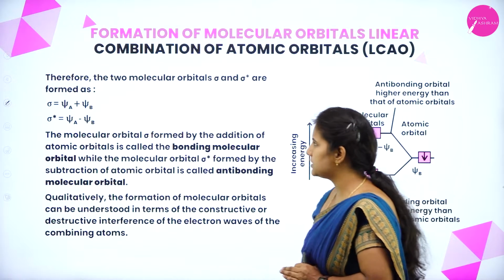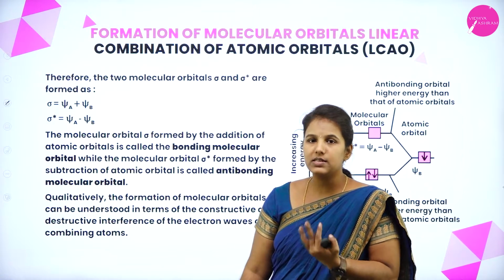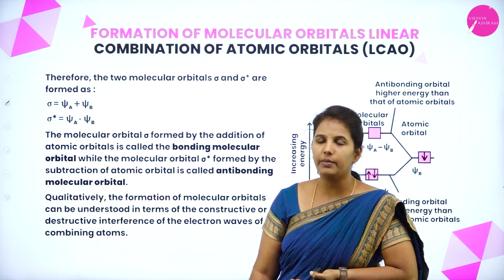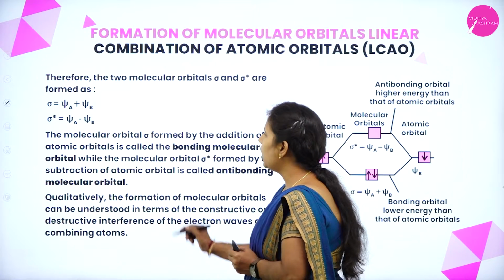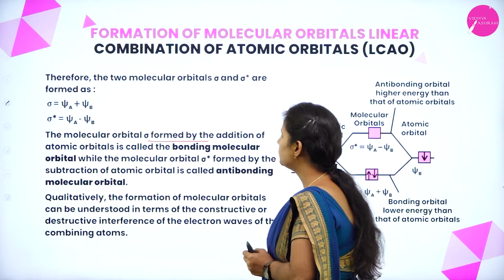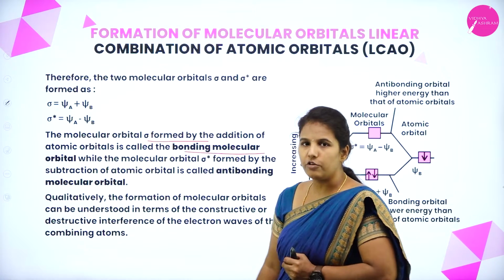Is it right? Yes. So sigma is equal to psi A plus psi B, whereas sigma star, which is the anti-bonding molecular orbital, is given by psi A minus psi B. So the molecular orbital sigma, which is formed by addition of atomic orbitals, leads to the formation of what?